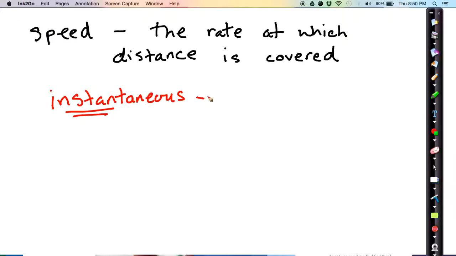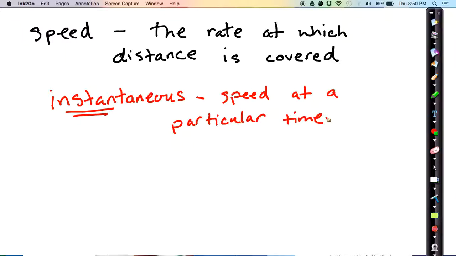So when we talk about instantaneous speed, we're looking at speed for an object at a particular time. So this is sort of a snapshot. At some instant in time, how fast are you traveling?